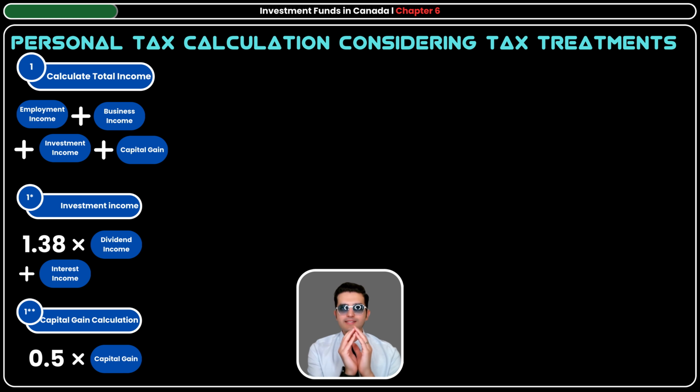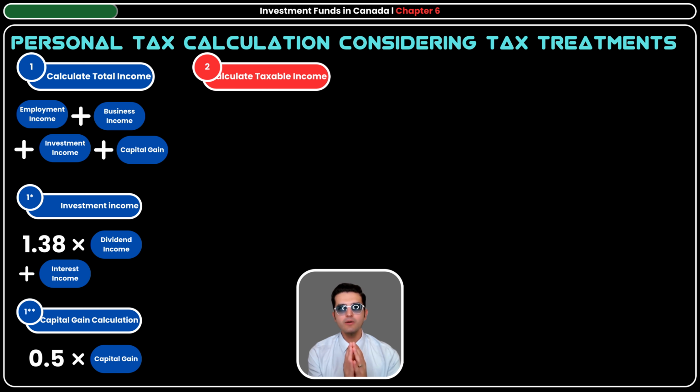So we sum up all those four components: employment income, business income, investment income (dividends and interest income), and capital gain. Okay. We now have the total gross income we made last year. Step number 2 is where tax deductions come in.